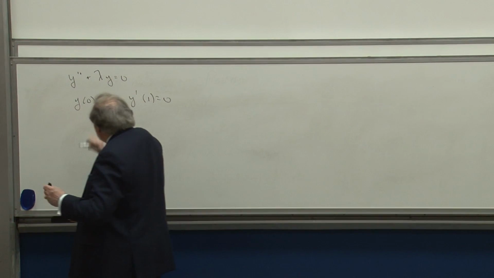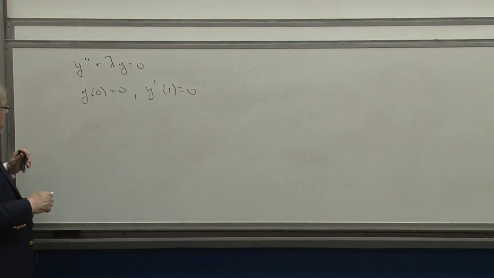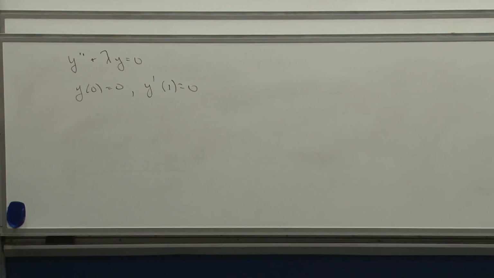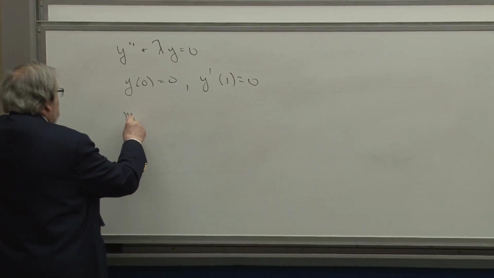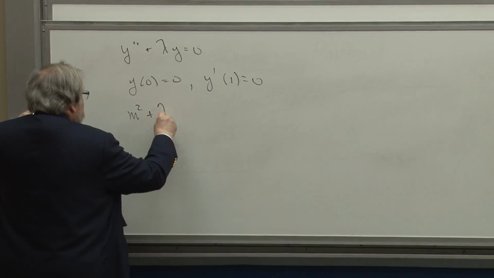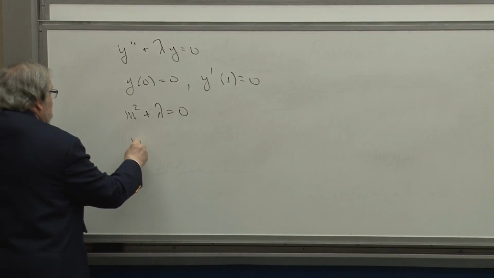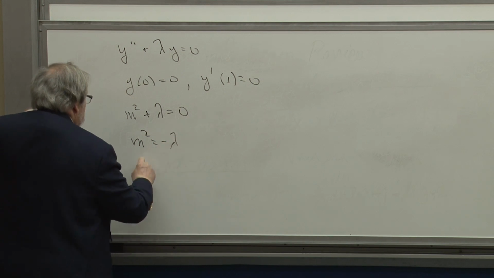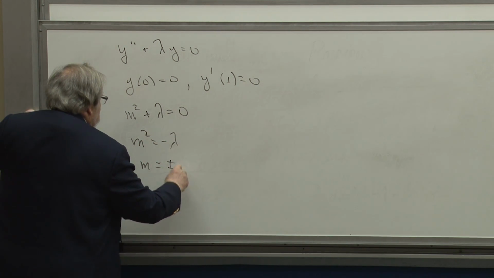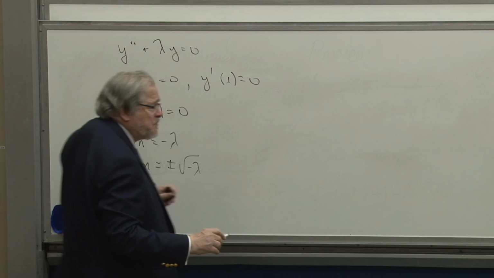And so the differential equation is constant coefficients. We write down the auxiliary equation, m squared plus lambda equals 0. M squared is negative lambda, m is plus or minus the square root of negative lambda.